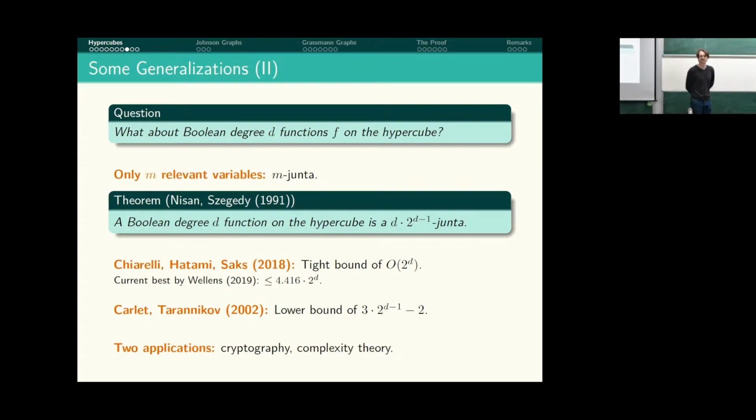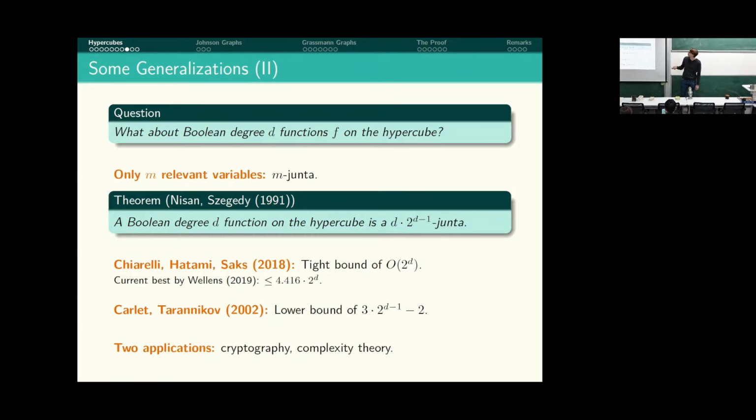And this is sometimes called the Nisan-Szegedy Theorem, which they showed in 1991. I think there are 3 mathematicians, Szegedy in Hungary. This is Mario Szegedy, if anyone asks. And here a Boolean degree D function depends on at most d times 2 to the d minus 1 coordinates.